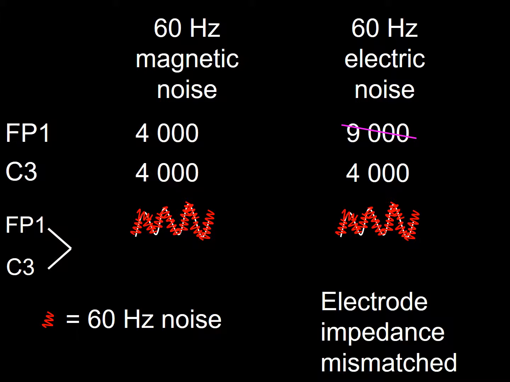So correcting the mismatch, as you see, represented by changing 9,000 to 4,000, will make the 60 Hz artifact disappear because the electrodes are going to be matched.